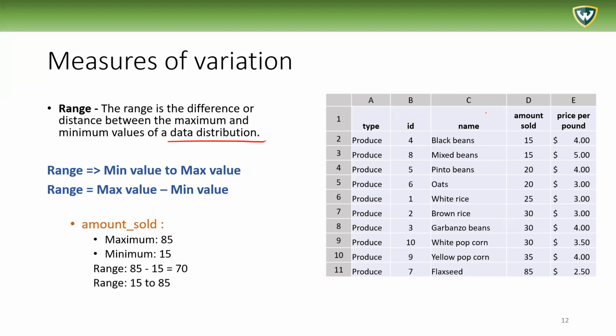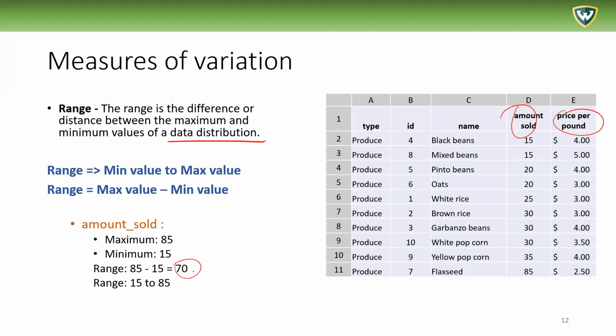So sometimes you give a range. For example, here we have the goods that we were talking about before, beans and rice and corn. We have two quantitative variables, amount sold and price per pound. The range of amount sold is the maximum minus the minimum value. Amount sold is a quantity. Here 15 is the minimum and 85 is the maximum.